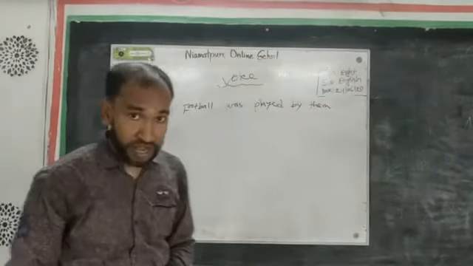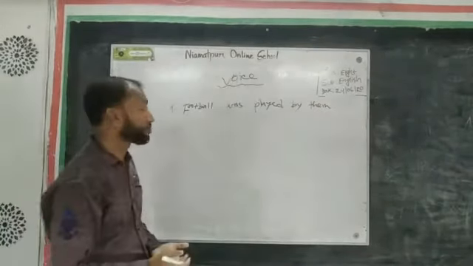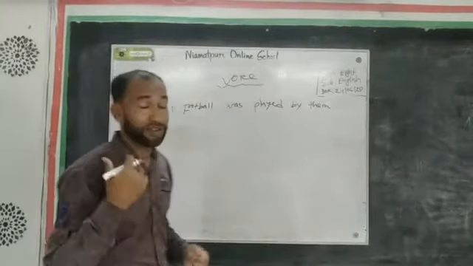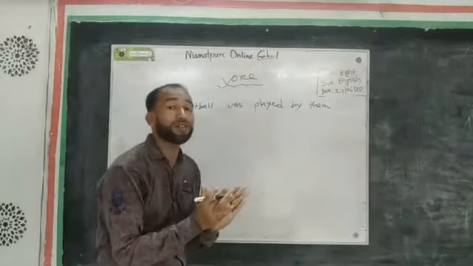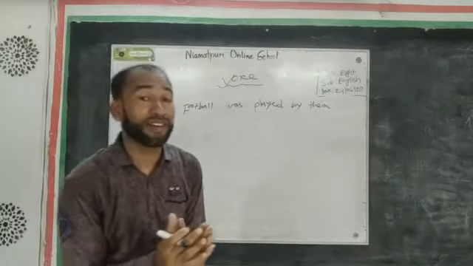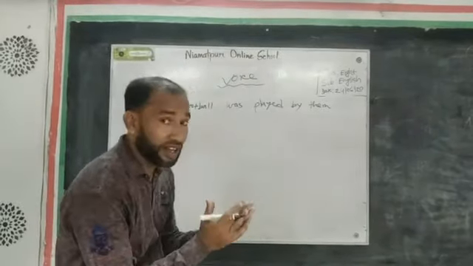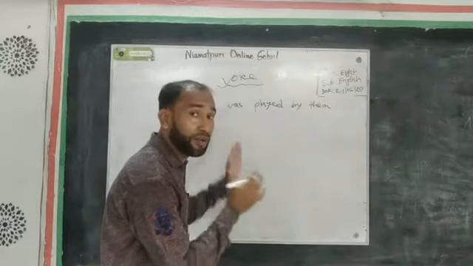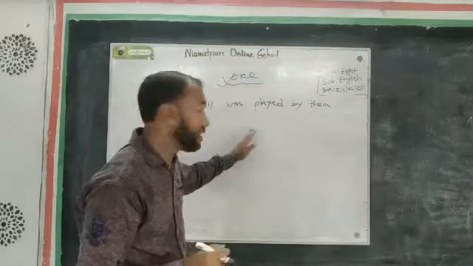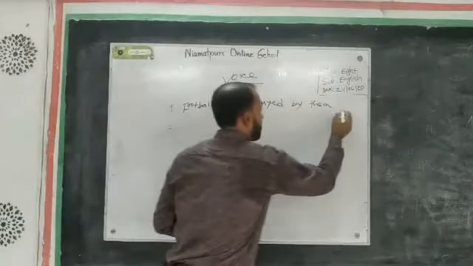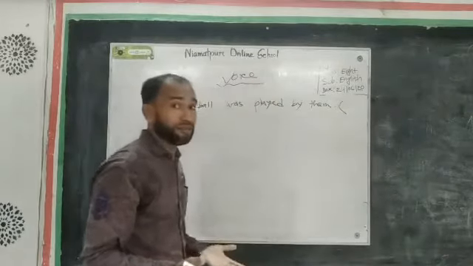Is this active or passive? Okay, this is passive voice. Football was played by them. All the characteristics of a passive voice sentence are included in the sentence. So this is passive voice. What will be the active?